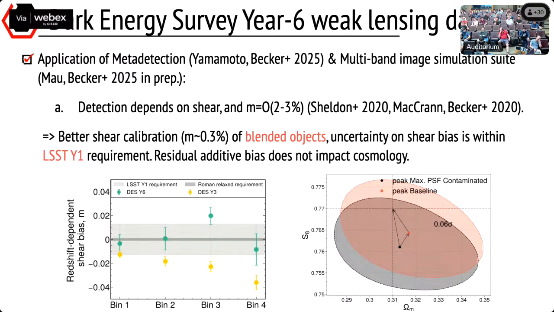In our image simulation analysis, we have identified that the overall m was reduced by using MetaDetect to avoid blending and so on, but the majority of the remaining systematics in m is actually from chromatic effects. The fact that we're not using the perfect color dependence, we're not modeling the PSF fully in a wavelength-dependent way.